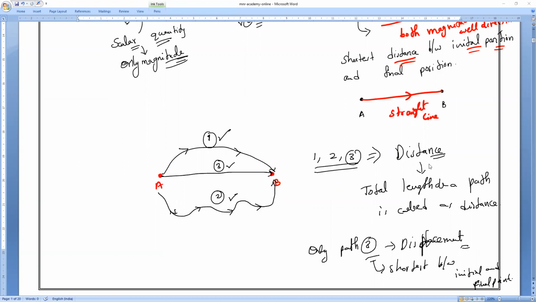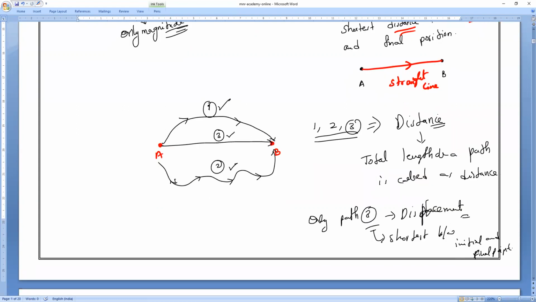You have to remember that. Are you clear, everybody? So every displacement is a distance, but every distance is not a displacement. Are you clear?